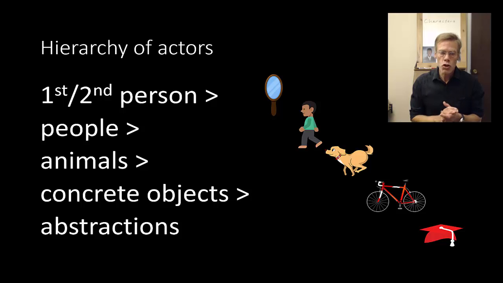Now, you may have been told that in some scientific writing, you should avoid the first person. And that's probably true of some research papers. So I've worked, for example, with students from the engineering department, and they tell me that it is nearly unheard of for an engineering paper to use the first person.